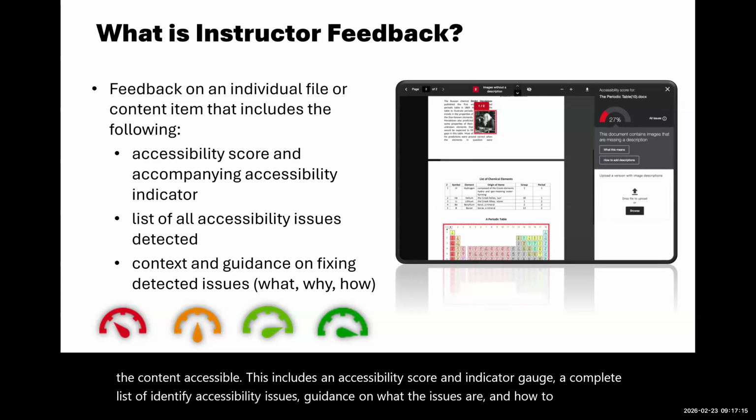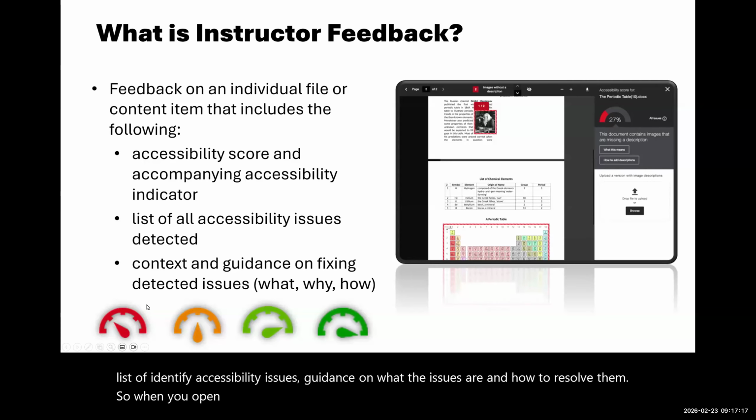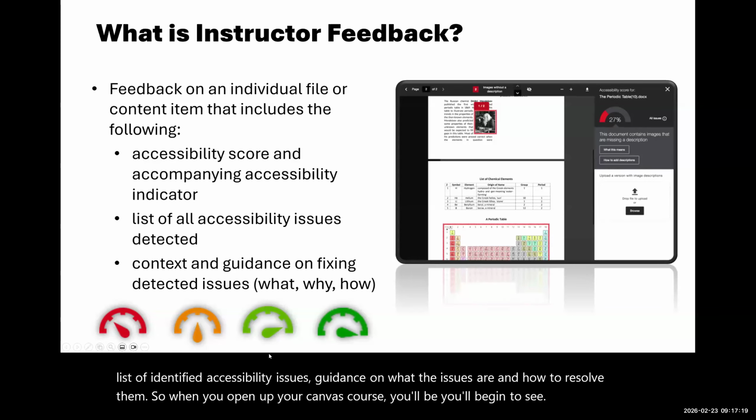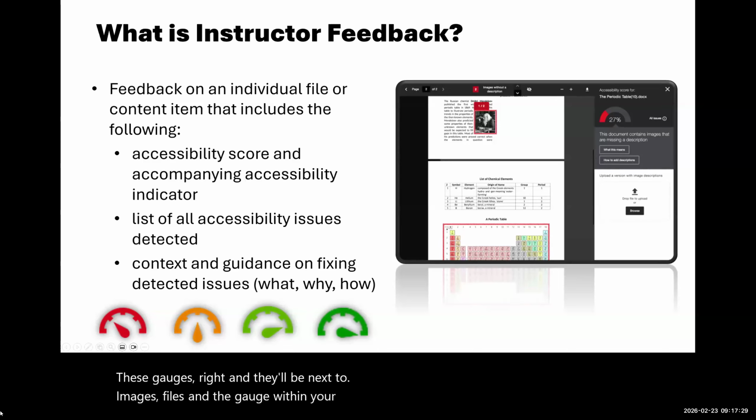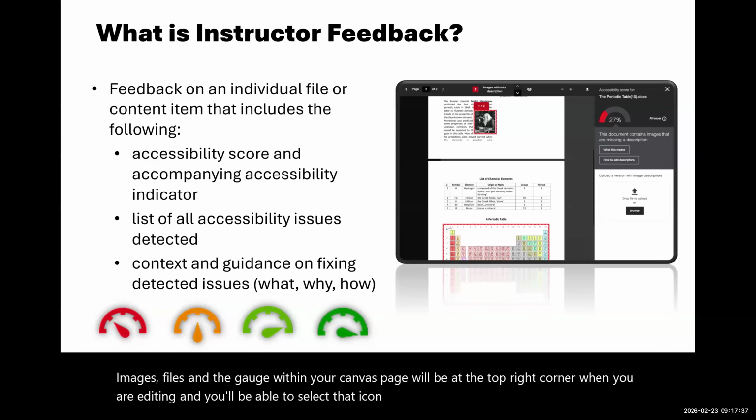So when you open up your Canvas course, you'll begin to see these gauges, right? And they'll be next to images, files, and the gauge within your Canvas page will be at the top right corner when you are editing.